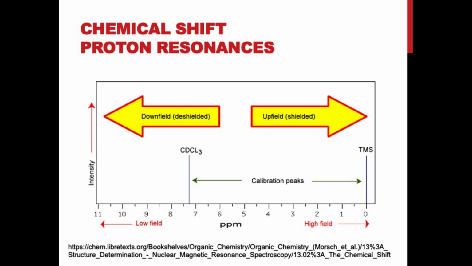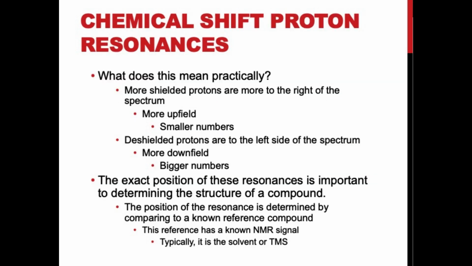Someone else can run an NMR across the world and get the exact same thing you did. Knowing that exact chemical shift is really important for determining the structure of your compound.